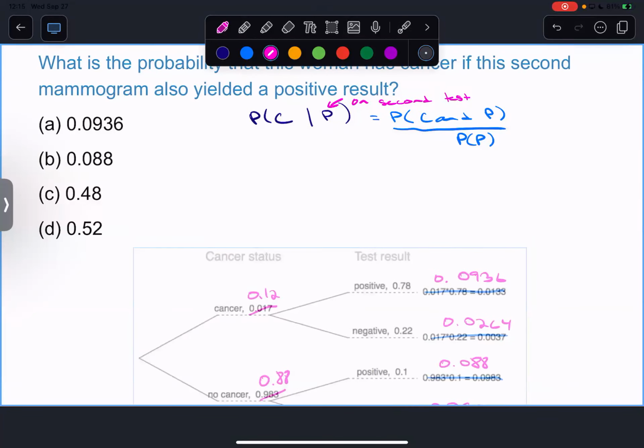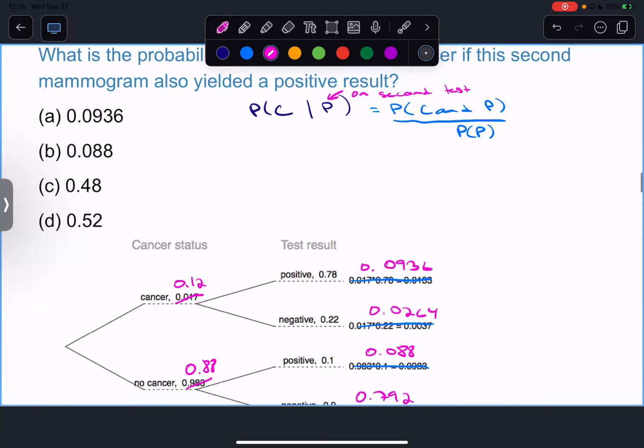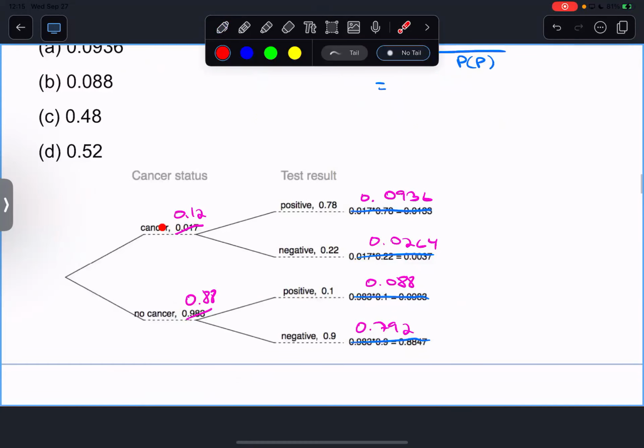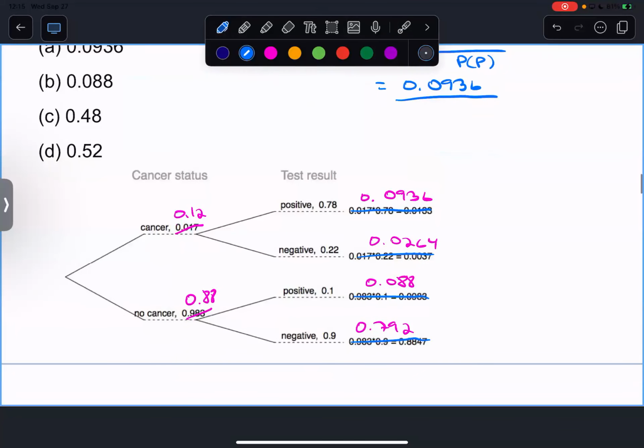See if I can give myself some more room here. There. Probability of cancer and a positive is 0.0936, just from the tree. Divided by the probability of a positive result.